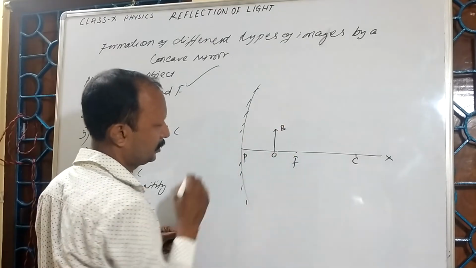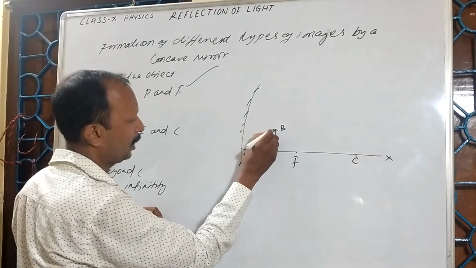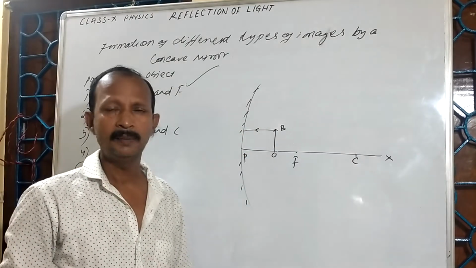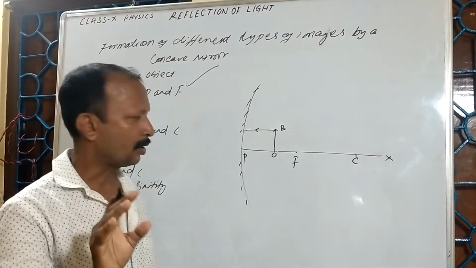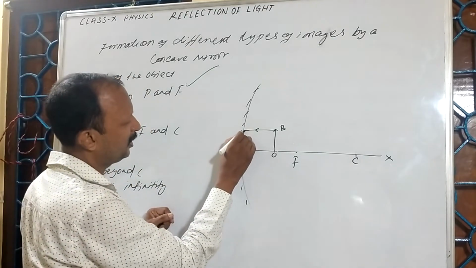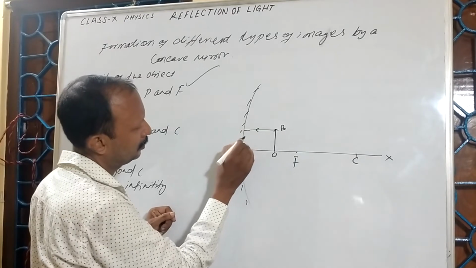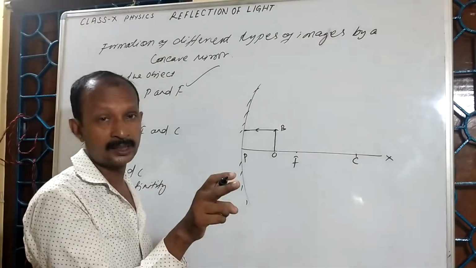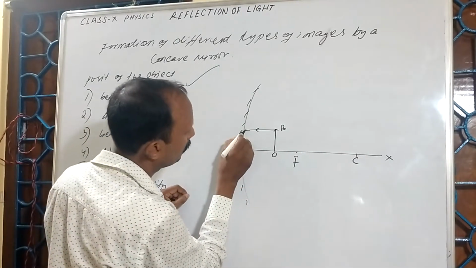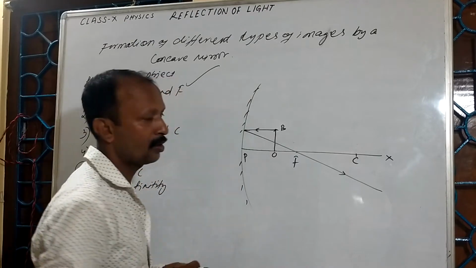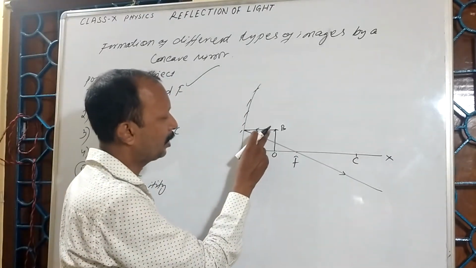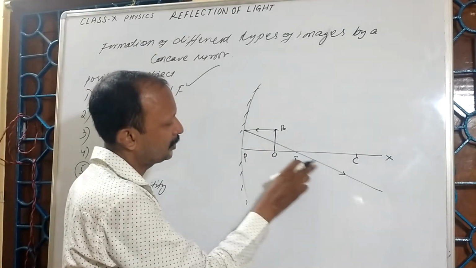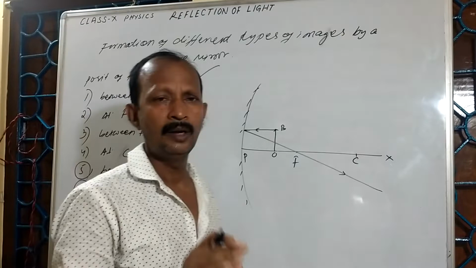OB is the object. Now I shall draw a light ray which comes parallel to the principal axis, because I know that the ray which comes parallel to the principal axis, after reflection, will pass through the focus. So directly I can draw it.